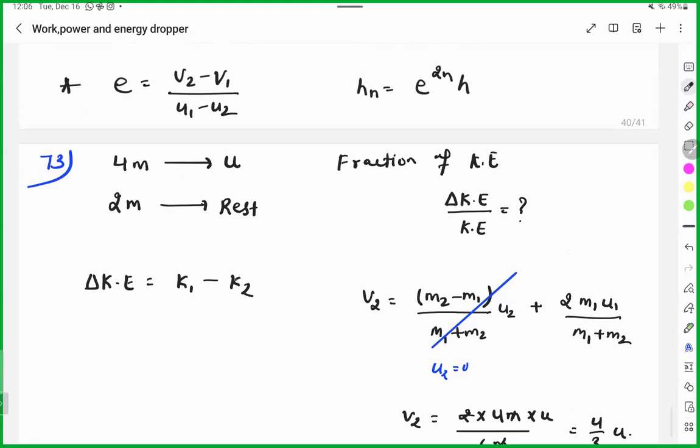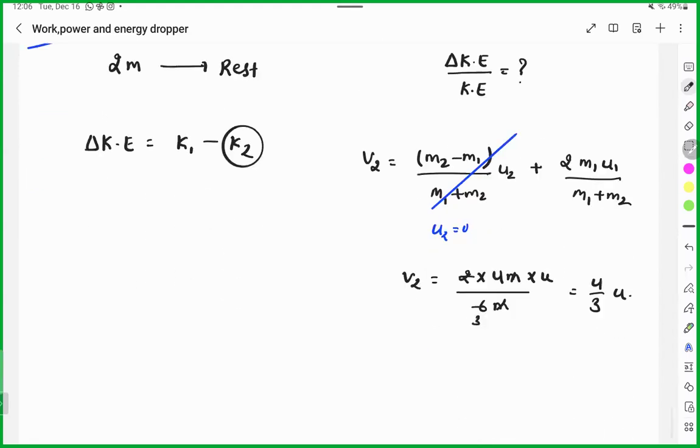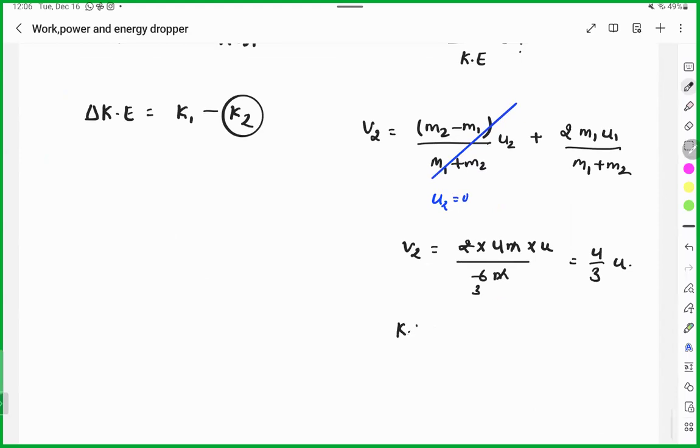Because for K2, I need the final velocity. K1 is easy. For kinetic energy, first half, mass is 4m and velocity is u square. Correct? Now you calculate change in kinetic energy divided by total kinetic energy. For the change in kinetic energy, half 4m is common.